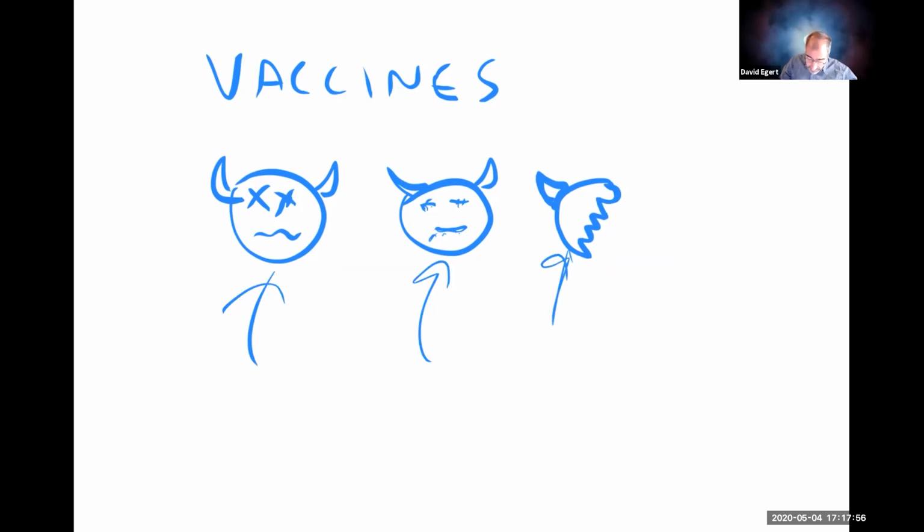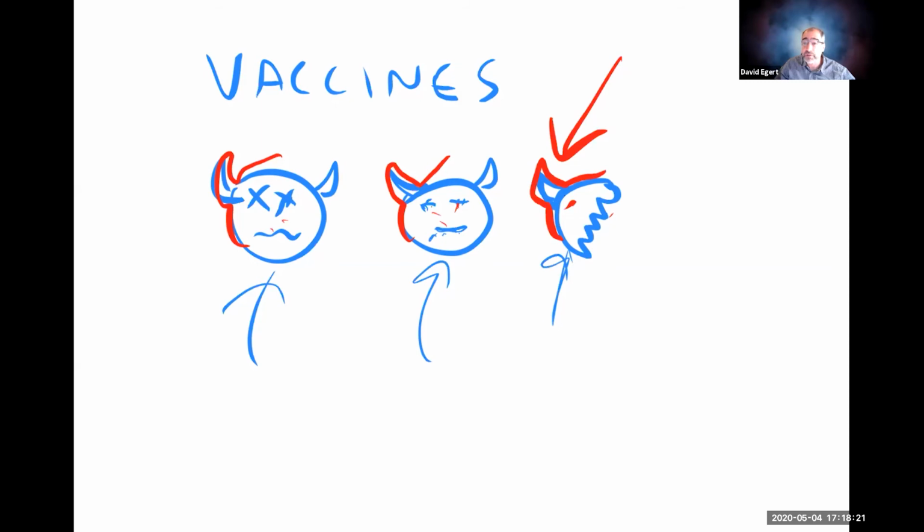As long as it has that particular shape that your immune system needs to recognize, that's what's important. If you can get the immune system to activate and create memory cells against that antigen, but do it without actually giving the person the disease in the first place, that's what a vaccine is.